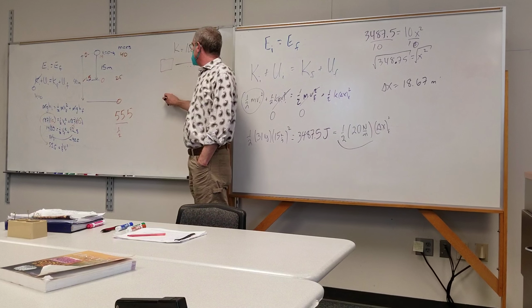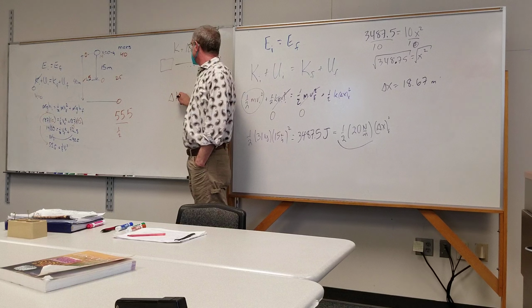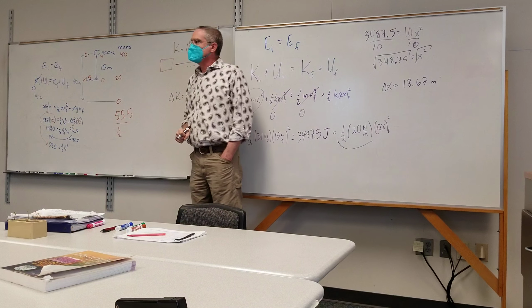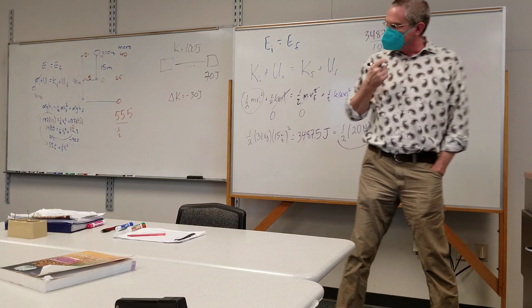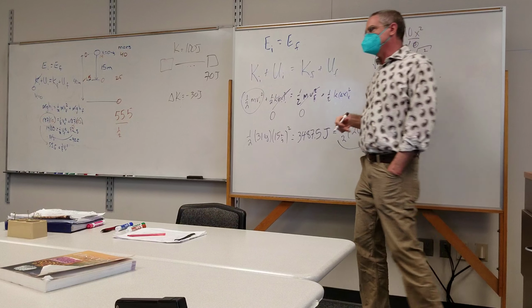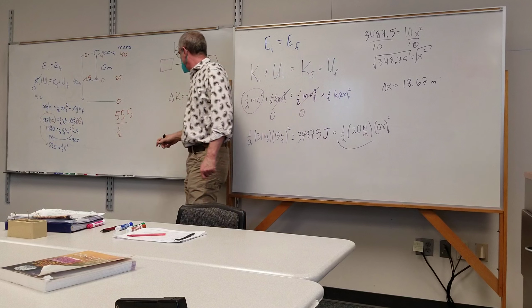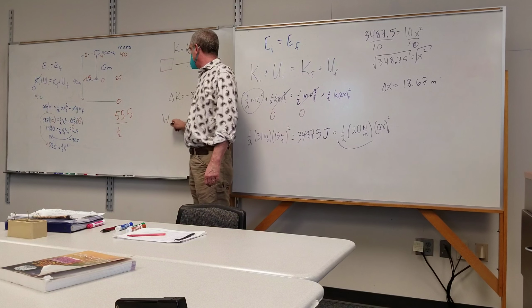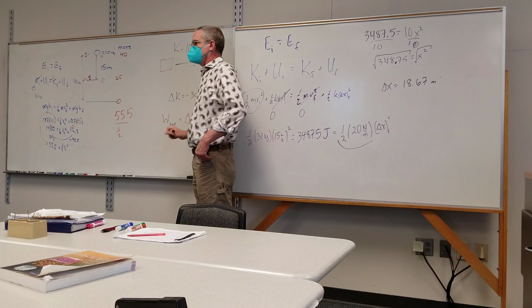So the change in my kinetic energy, final minus initial, is negative 30 joules. I know from the work energy relationships that the total work done on an object is equal to the change in its kinetic energy.